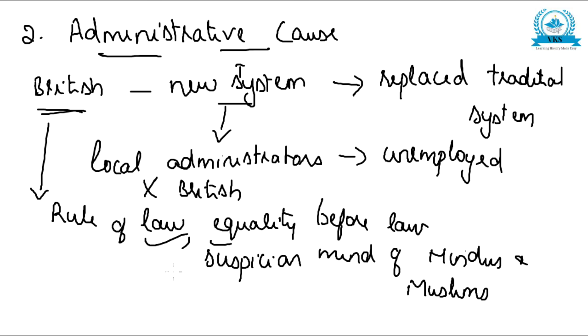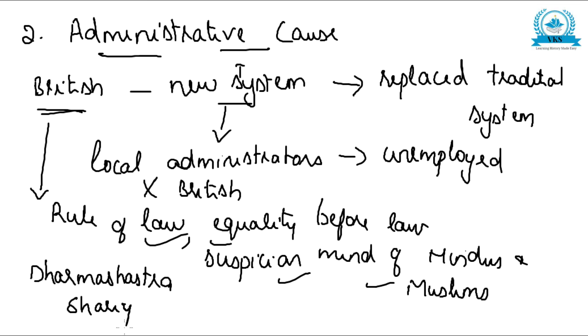This created a kind of suspicion in the minds of traditional Hindus and Muslims. Why? Because traditional Hindus followed the laws of Dharmashastra, and traditional Muslims followed the Shariyat law. This was different from the rule of law and equality before law introduced by the British. So that also was a problem which made the Indians turn against the British.